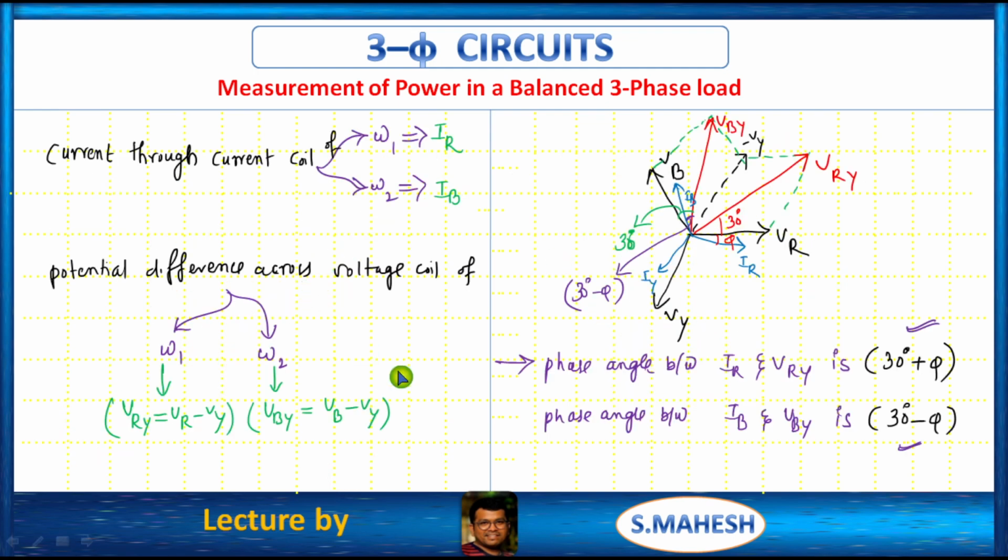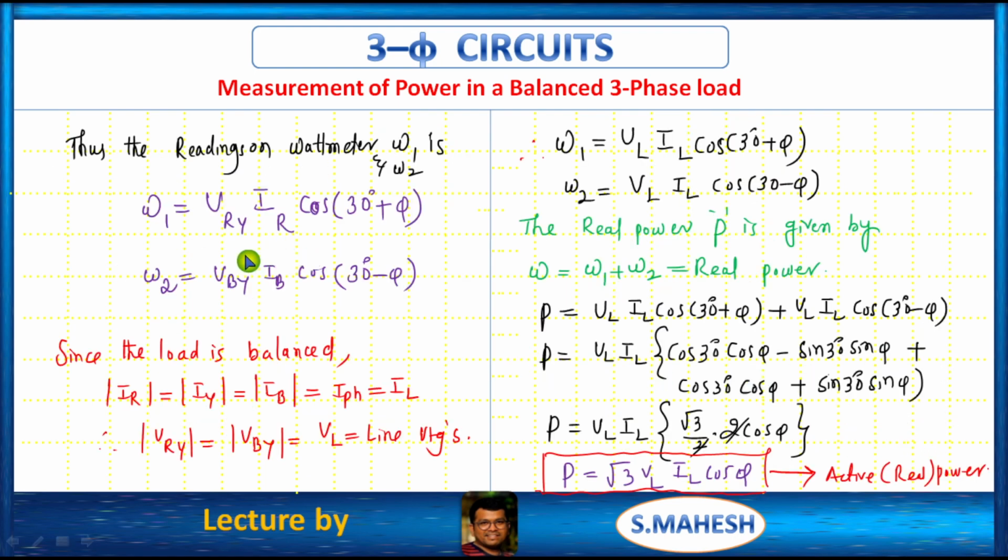That's why we can consider the phase angle between IR and VRY as 30 plus phi, by using the phasor diagram, and between IB and VBY as 30 minus phi. From this analysis we can conclude that the wattmeter reading is nothing but active power, that is V line times I line times cos of that angle, and the same for wattmeter 2.